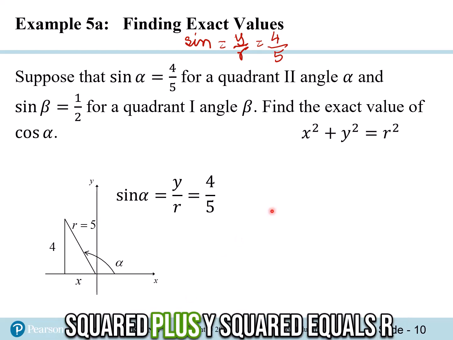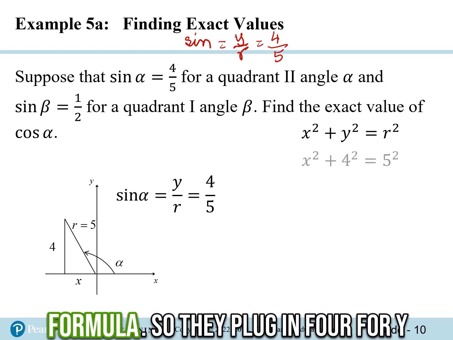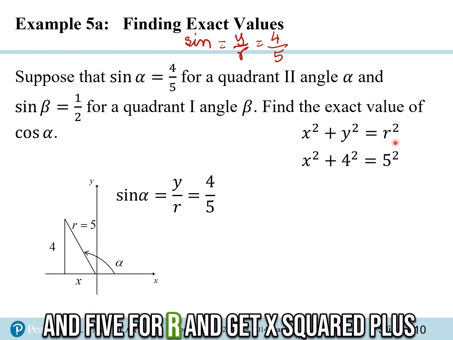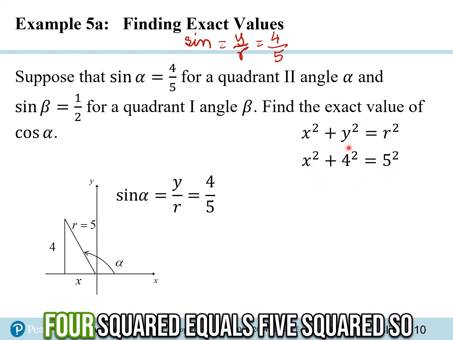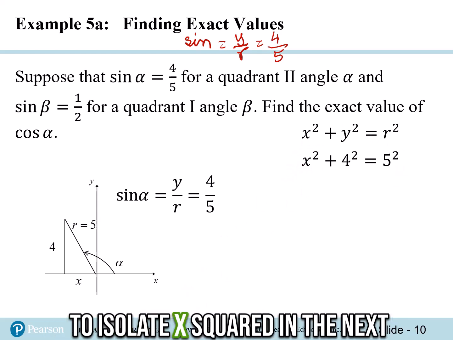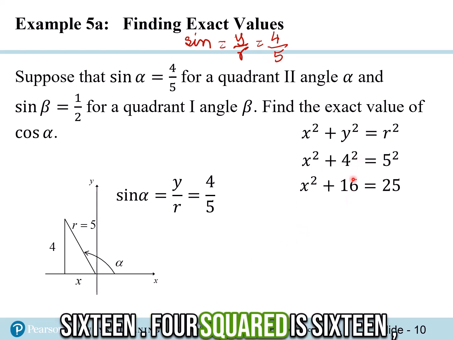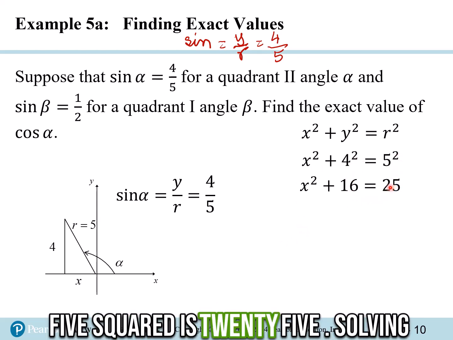So x squared plus y squared equals r squared is the Pythagorean formula. So they plug in 4 for y and 5 for r and get x squared plus 4 squared equals 5 squared. So we have to solve for x, so we need to isolate x squared in the next step. So we have x squared plus 16, 4 squared is 16, 5 squared is 25.